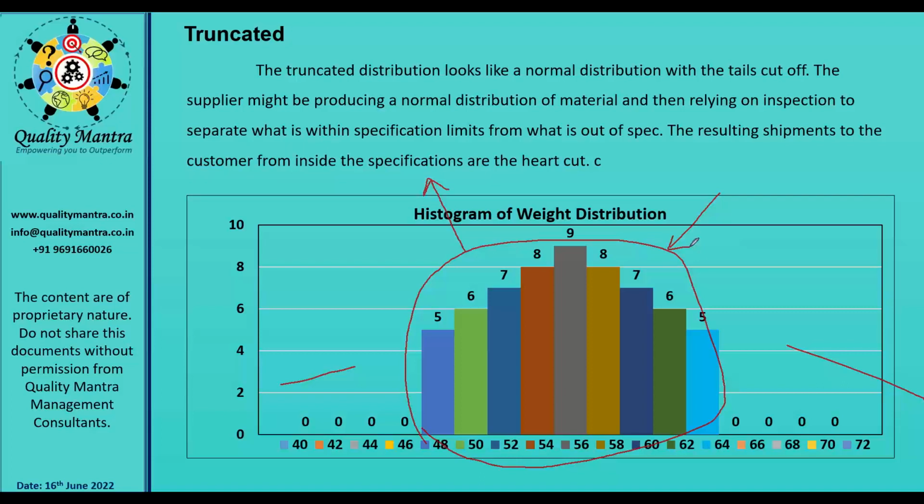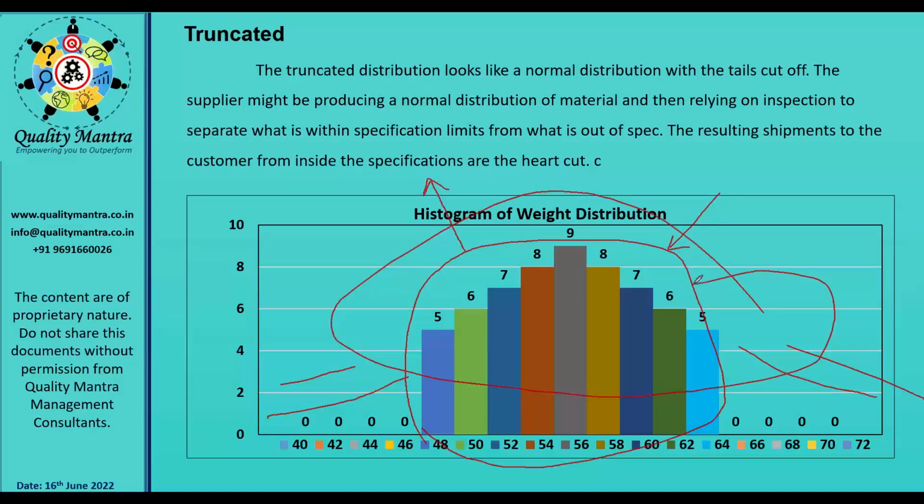Based on that, you send them segregated, good quality material. If you make the histogram of that material, you will find it like this. There will be no material near the upper or the lower specification, only at the center.